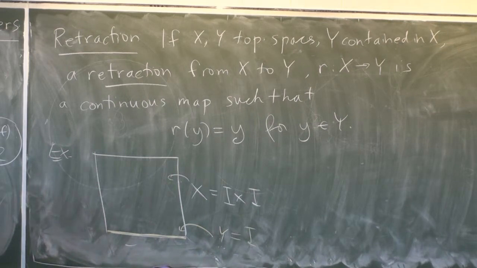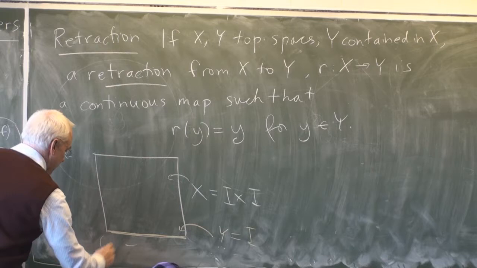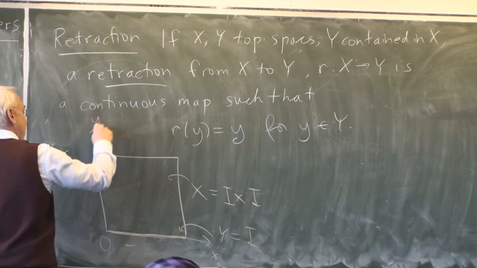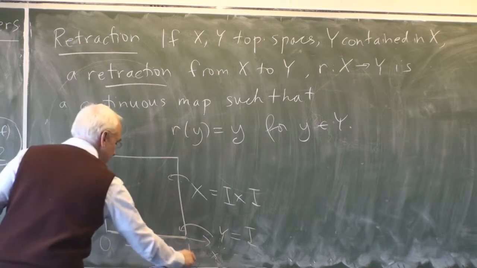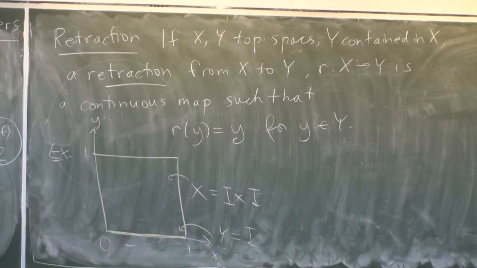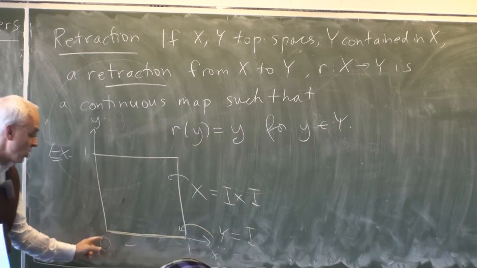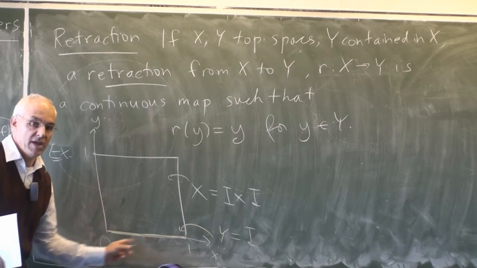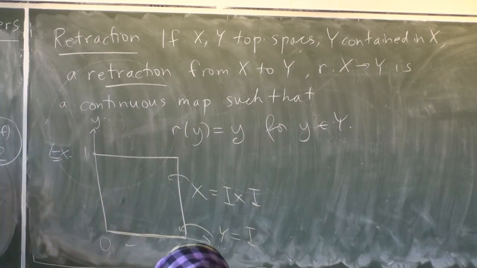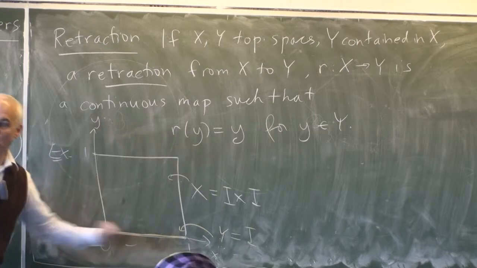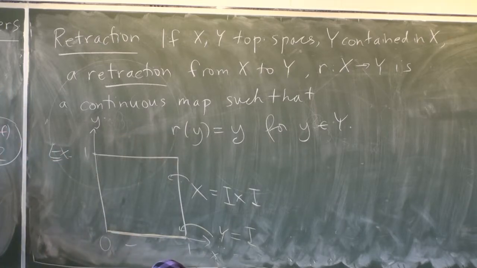Then if we put this in the plane in the usual fashion, so that this is the origin, this is our X, this is our Y, that's 1 and 1. Then a retraction from X to Y is a mapping from X to Y which is the identity on Y itself. In other words, it leaves this part fixed and maps everything else onto Y.